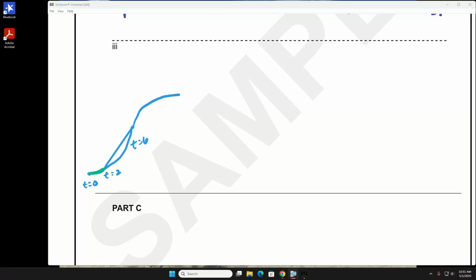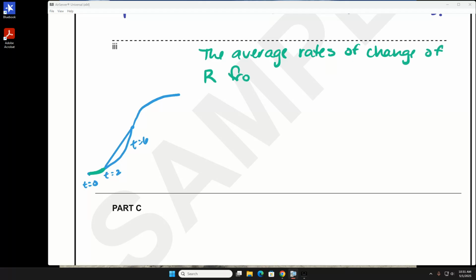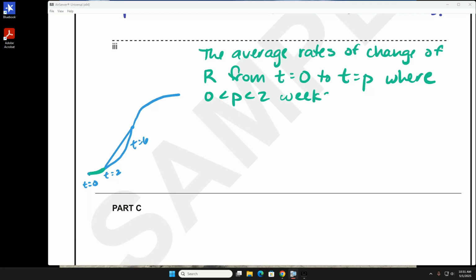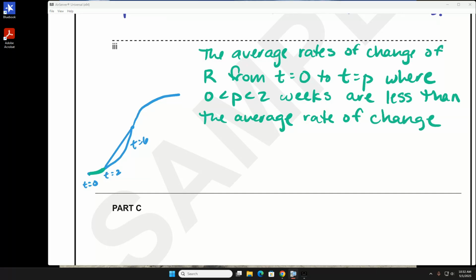I'm going to start after consider and say that the average rates of change of R from t equals 0 to t equals p, where 0 is less than p is less than 2 weeks, are, and you guys all said less than, the average rate of change from t equals 2 to t equals 6.